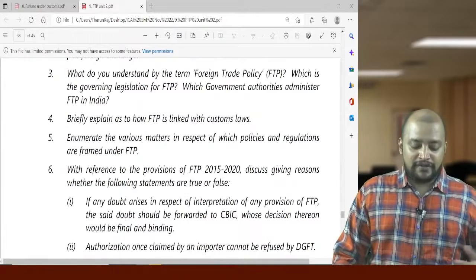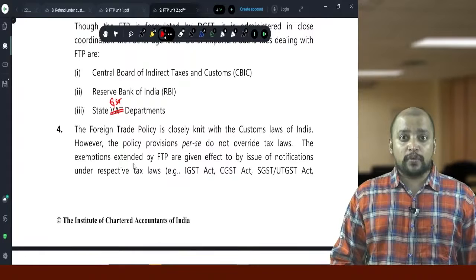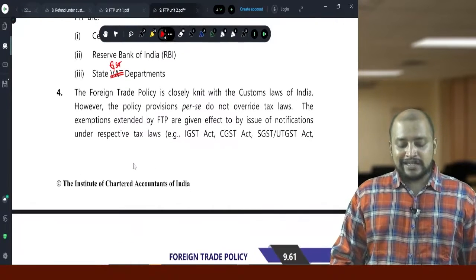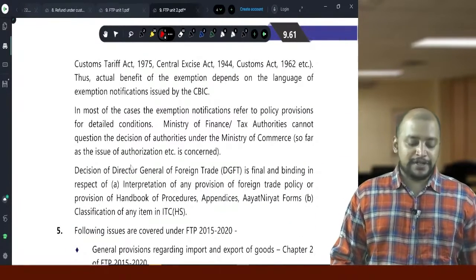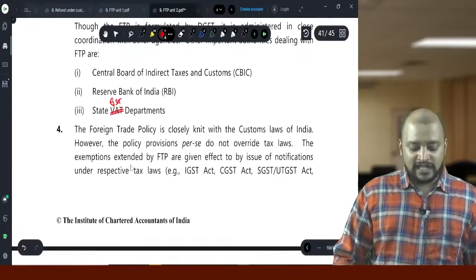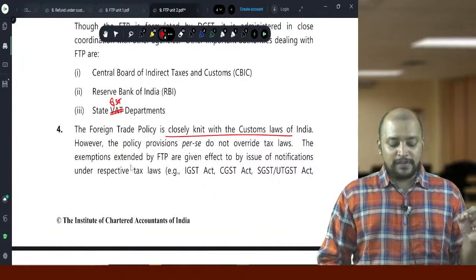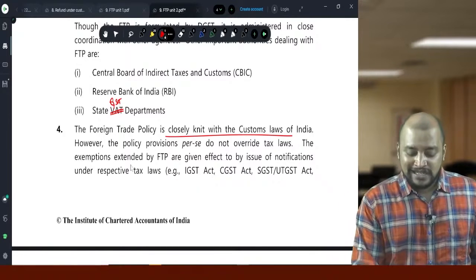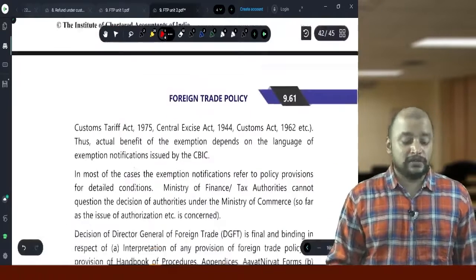Briefly explain as to how FTP is linked with customs law. So foreign trade policy talks about what to be imported and what to be exported, whereas customs law talks about the procedure and valuation with respect to import. So see this, foreign trade policy is closely knit with customs laws. However, the policy provisions per se do not override the tax laws. The exemptions extended by FTP are given effect to by issue of notifications under the respective tax laws.